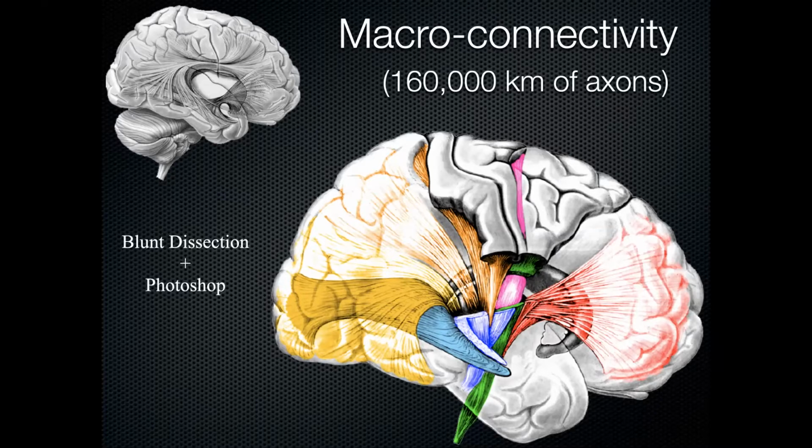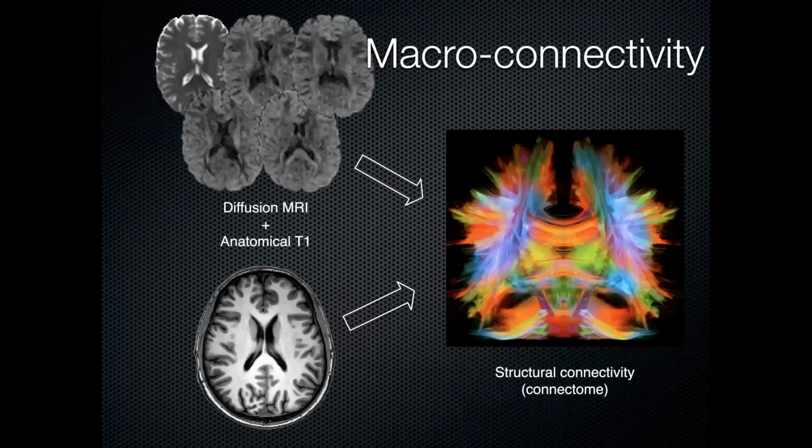One of the things that's possible nowadays is to use diffusion MRI, diffusion weighted imaging. There have been lots of technological advancements in the last, I would say, 20 years. Better and better images are coming out, combined with anatomical images like T1 weighted images.